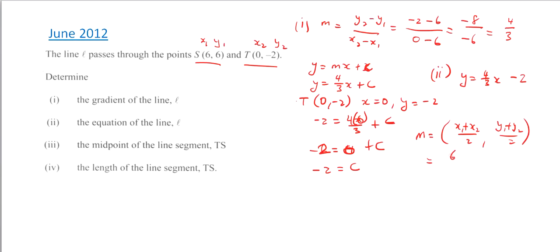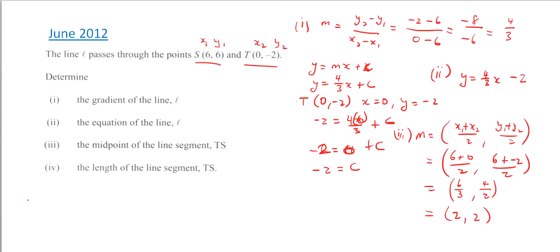So we'll put 6 plus 0 over 2, comma, 6 plus -2 over 2, which will give me 6 over 2, comma, 6 plus -2 is 4 over 2, and 6 divided by 2 is 3, and 4 divided by 2 is 2. So the midpoint is (3, 2). Okay, so that is the answer for third part.